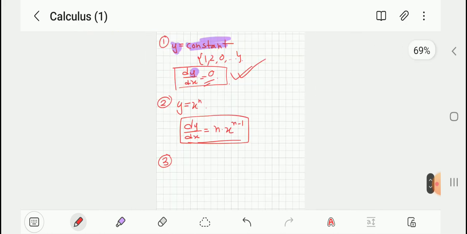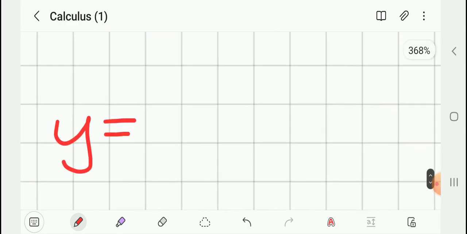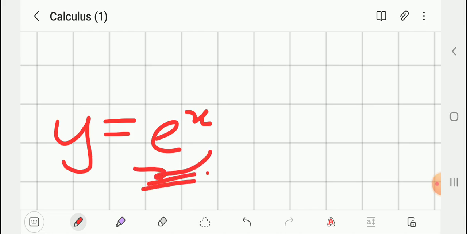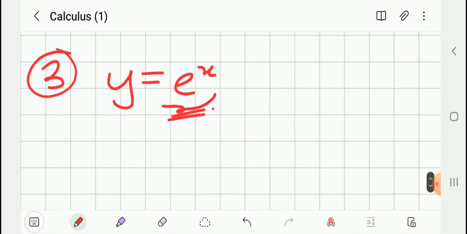Third formula is y is equal to e to the power x. Here e is a constant. It has some specific value, 2.71, which we will come to know later on, not right now.